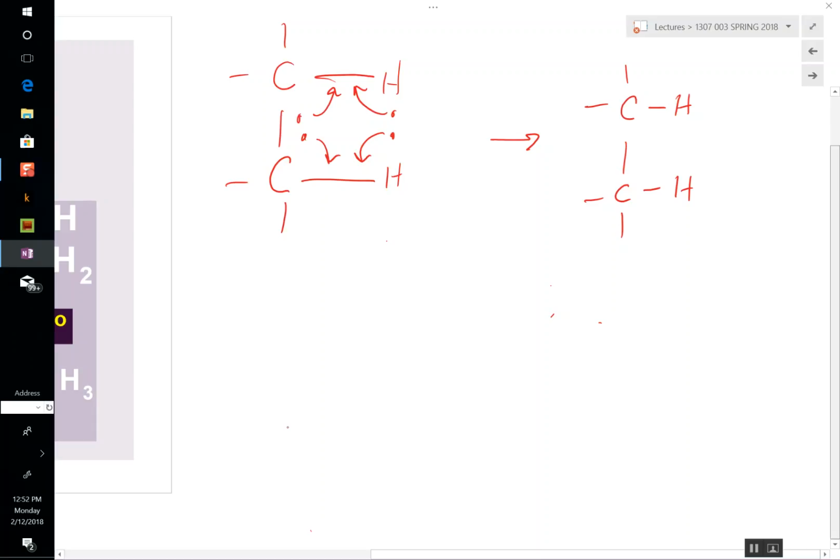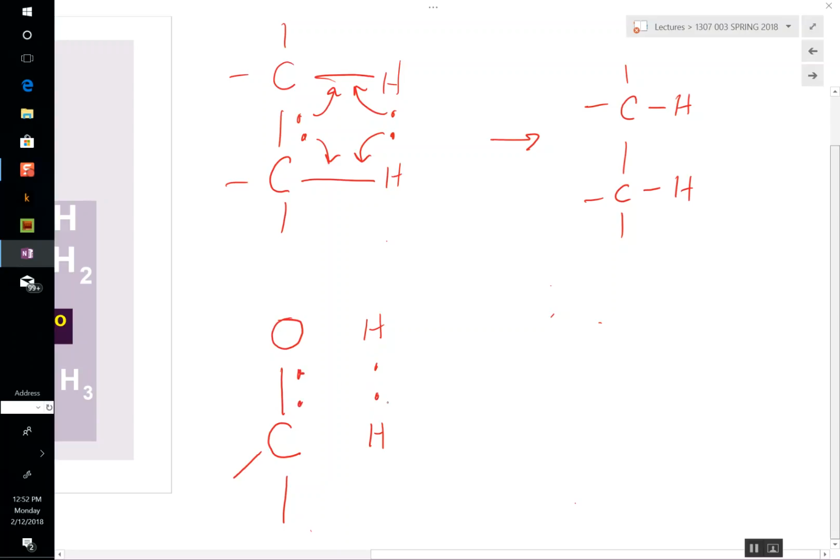Okay, now look at how similar this is going to be here. We've got this situation. We are going to hydrogenate a carbon-oxygen double bond. And what is going to happen? Well, pretty much the same thing.